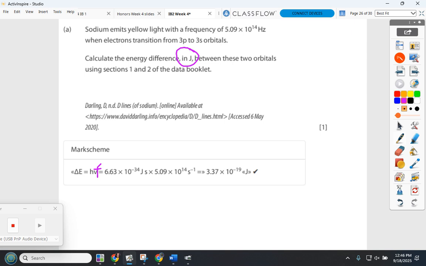If they didn't specify, if they just said energy difference, then you could do either one. I mean, you could put it in megajoules if you really wanted to, but we don't. I would try to keep it to things that we normally calculate in, or that you've seen questions from that range.